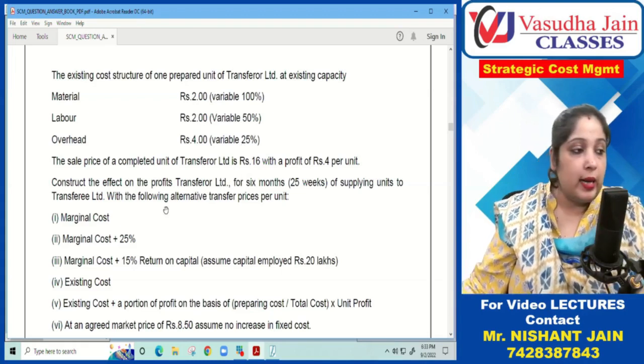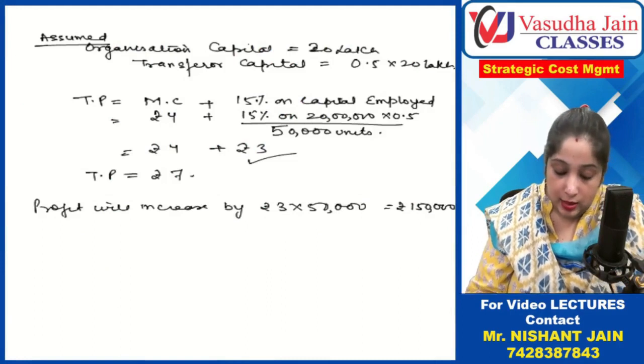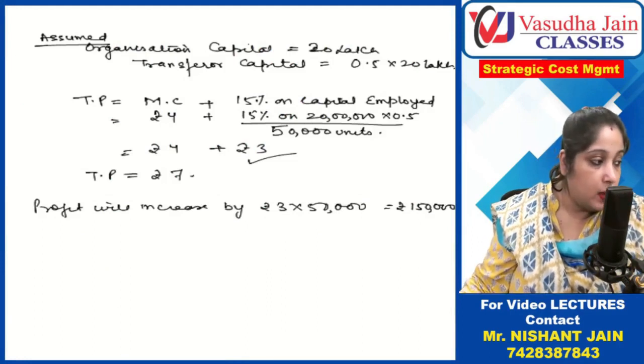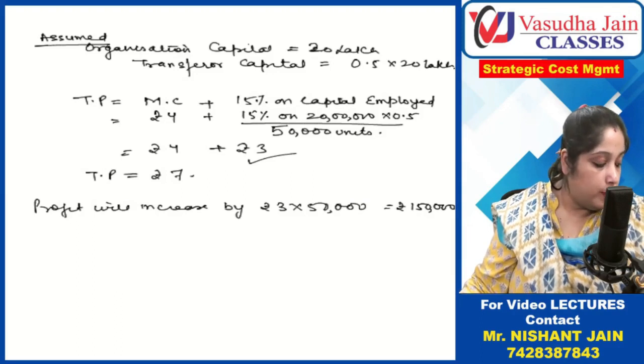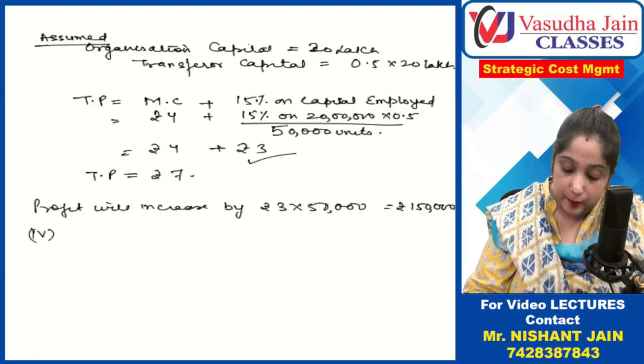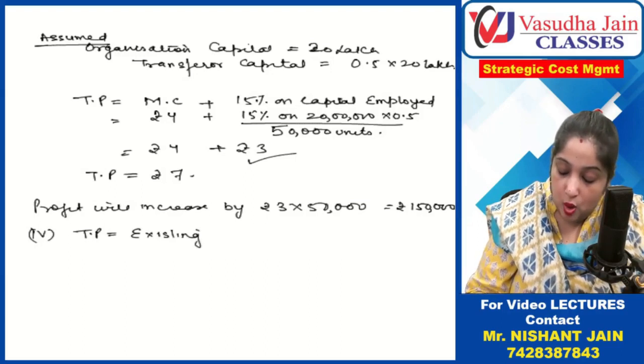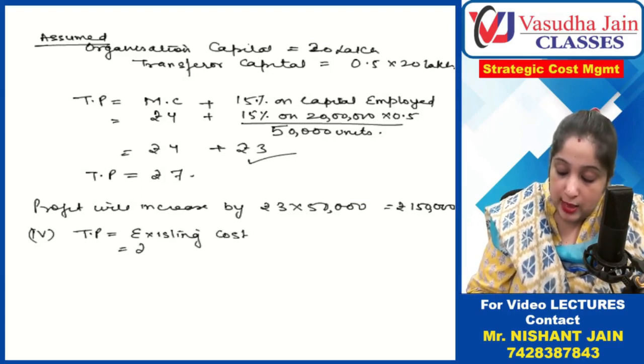So let us write this thing. Yes. So in this case, this is your fourth part, right? Yes. So fourth part, transfer price is equal to existing cost. Existing cost we know is rupees 8.